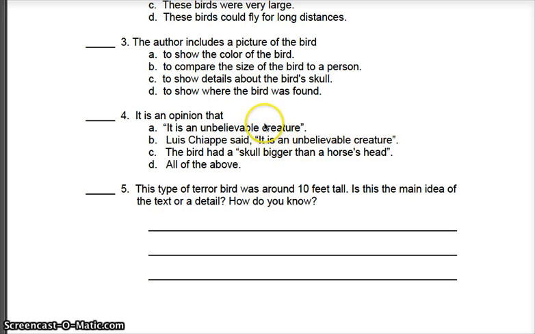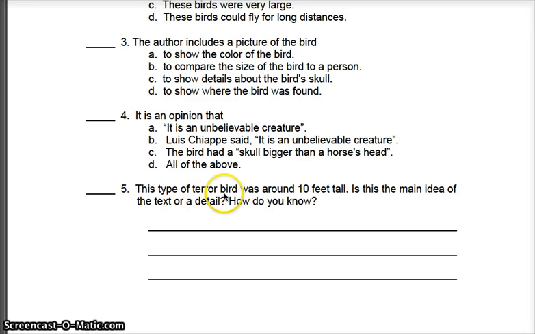The difference between these two is, this is a sentence of what was, this is just a sentence that someone said, and this is meaning that the text actually said that he said this, okay? The bird has a skull bigger than a horse's head, or all of the above. So remember, opinion is something that you might think, but someone else might not, okay?